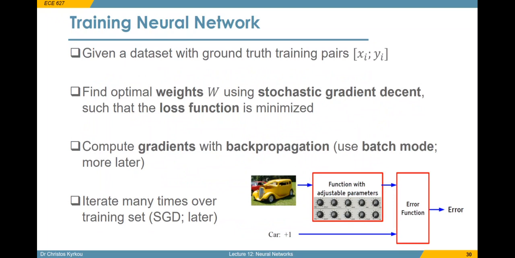So given a training set of pairs X and Y, what we want to do is to adjust the weights of the neural network in order to make our network output the same results, the same mapping, as our ground truth.